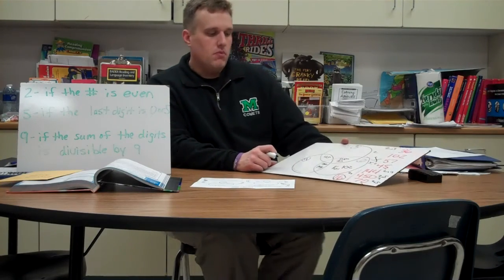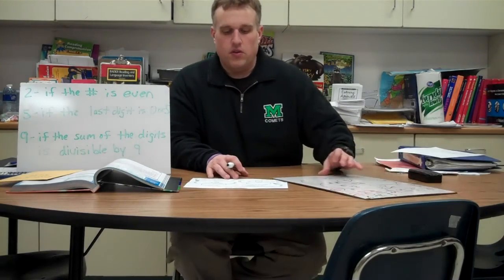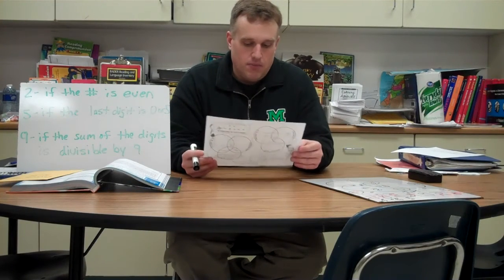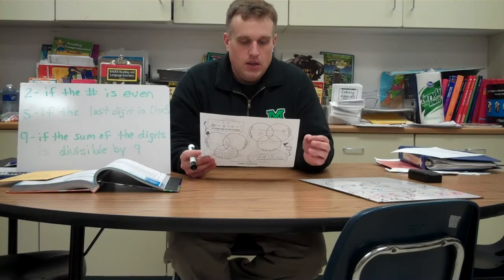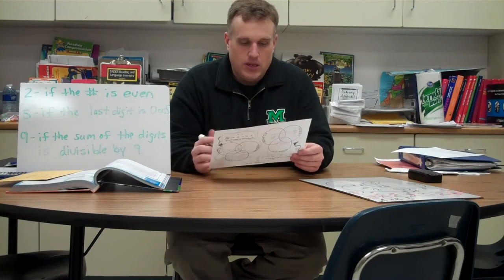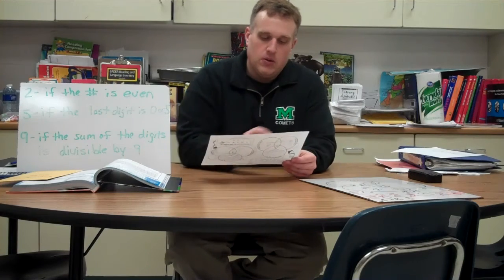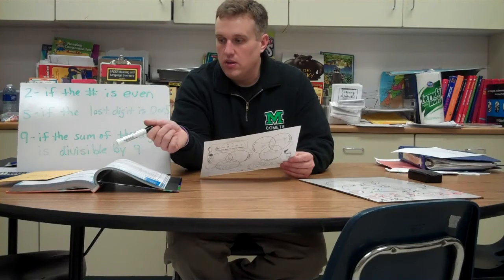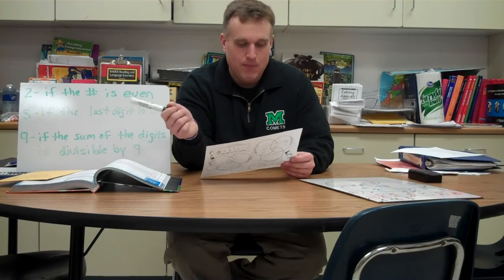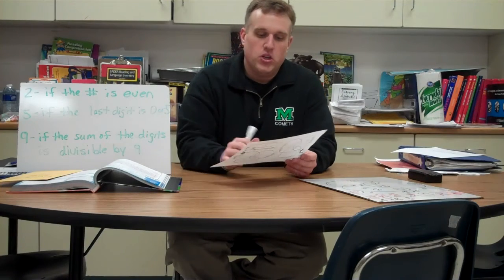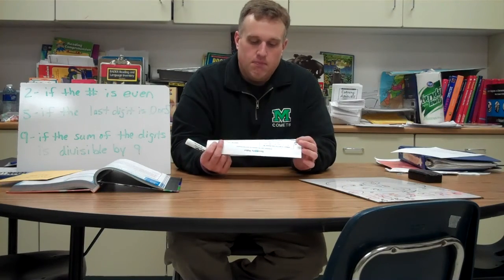Okay? So that's number 2. Now number 3, you're going to have some different numbers: divisible by 3, divisible by 6, and divisible by 5. So again, we did 5 on this problem here. So just refer back to your book for the divisibility rules by 3 and 6.